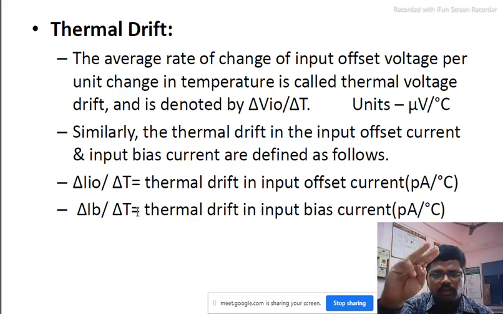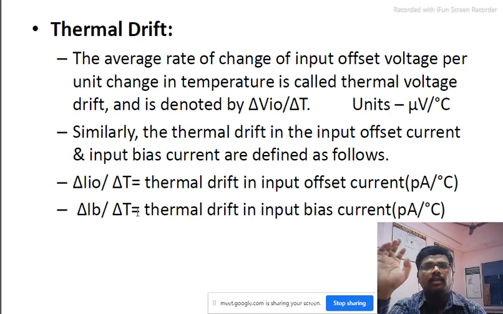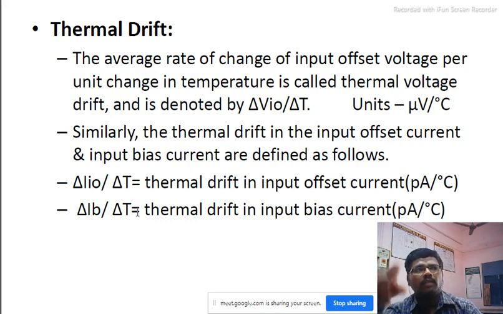Okay, can you understand this? It is very important. Define thermal drift in operational amplifier. You have to write this one. The average rate of change of input offset voltage per unit change in temperature.